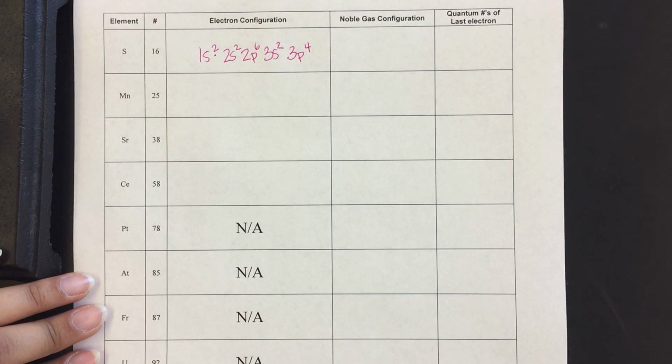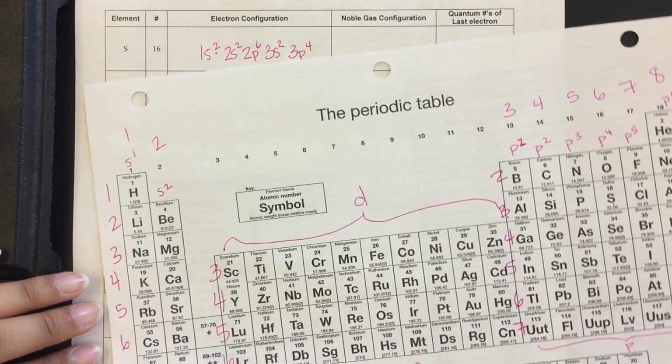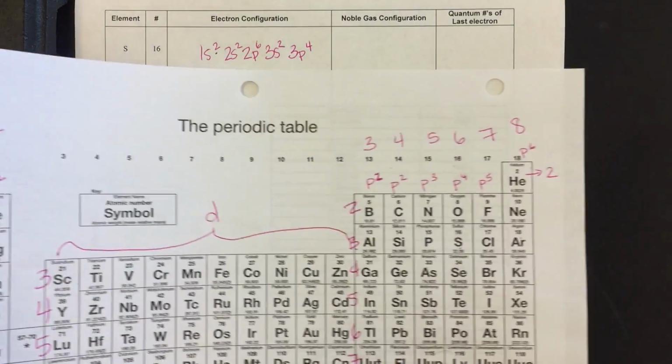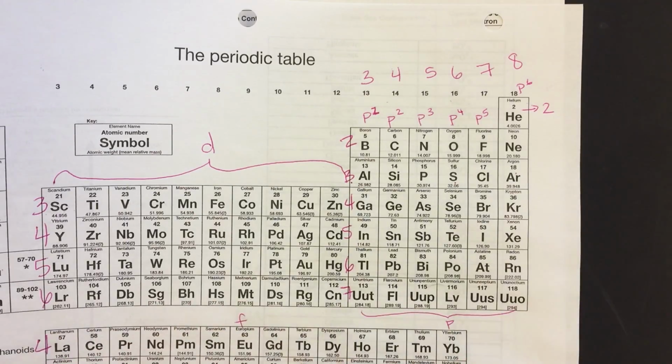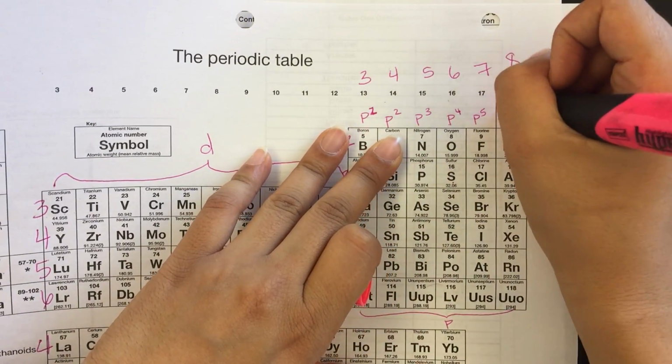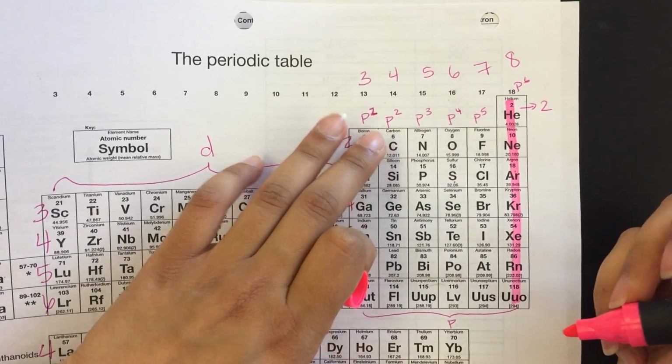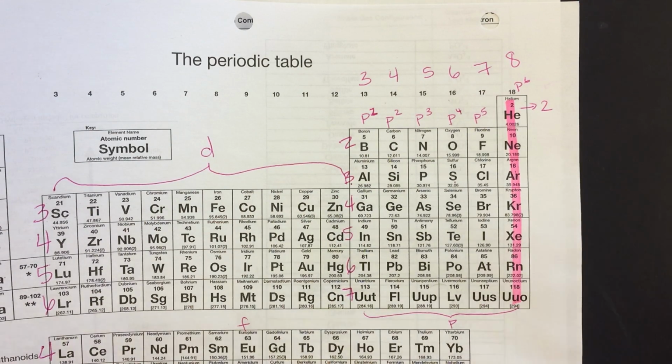What noble gas configuration is, it's using the noble gases. So the noble gases are this last column right here. I'm just going to highlight them for our purposes. What you can do with the noble gases is they can be placeholders.